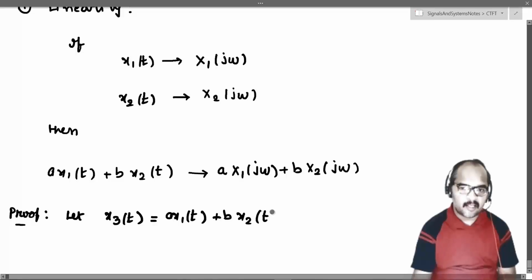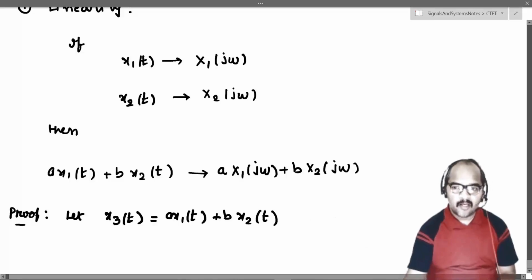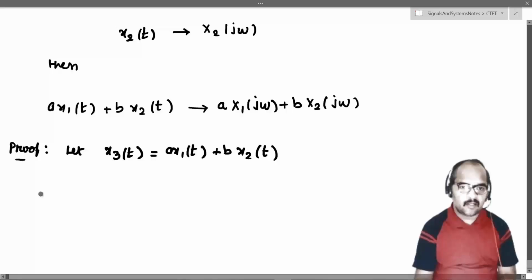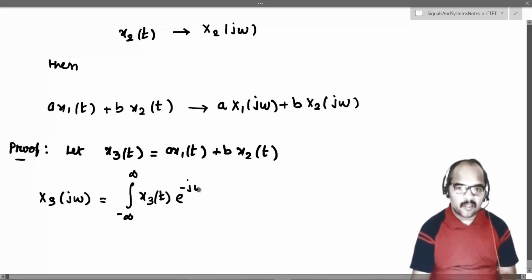Let us take this signal's Fourier transform and call it x3 of j omega. So x3 of j omega would be equal to the integral from minus infinity to infinity of x3 of t multiplied with e power minus j omega t dt.